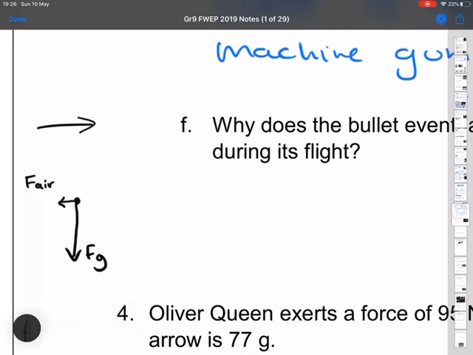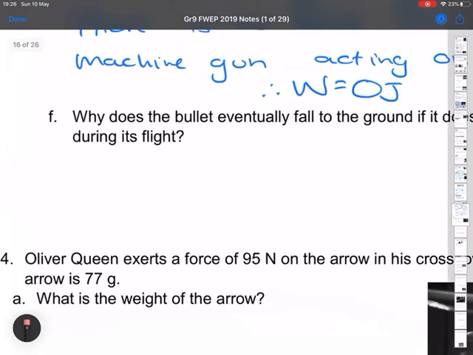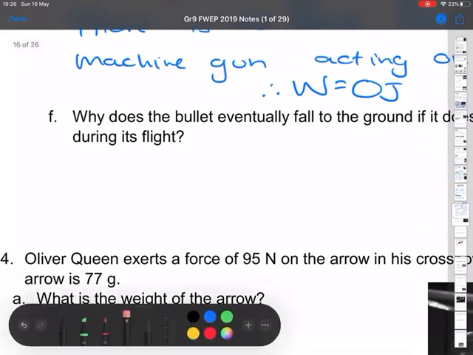Okay, but the net force on the bullet, you can see by the length of this arrow, is much, much longer, so the net force is acting downwards. So the only force acting on the bullet is gravity, which acts downward. Therefore the bullet is pulled down to the ground.